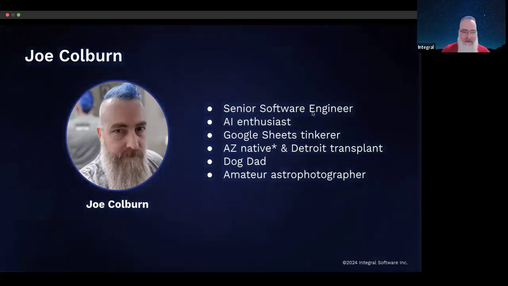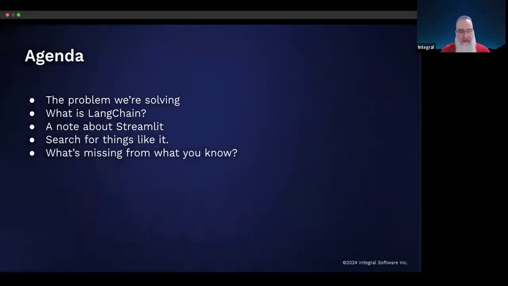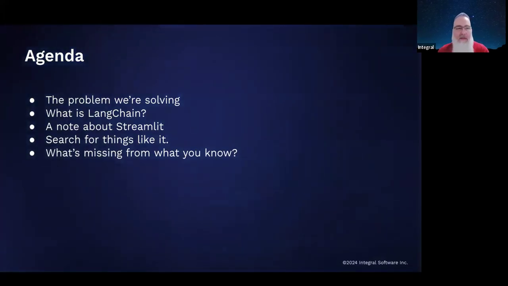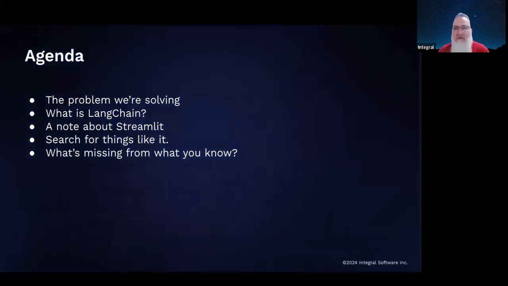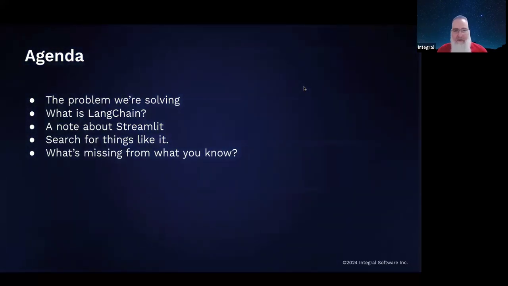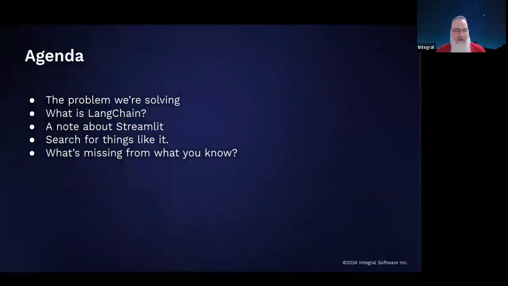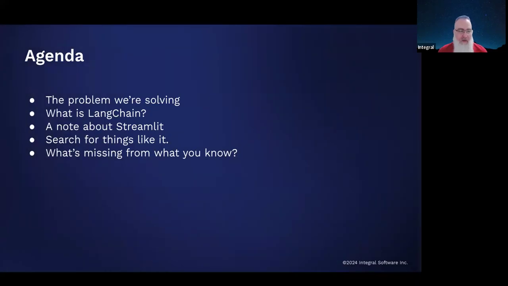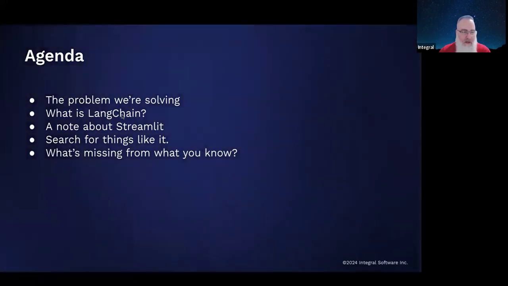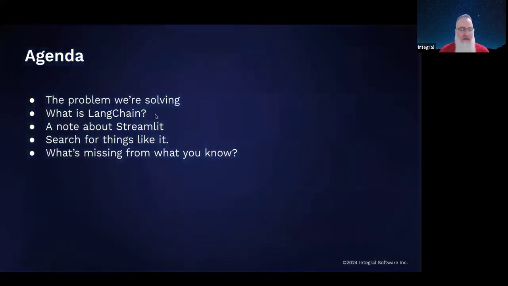Enough about me. Let me get into our agenda. Let me move a couple things around so I can see and be more efficient while I work here. Okay. So here's our outline for the day. We'll talk about the problem that we're solving with AI, and with the use of AI APIs. What is LangChain? We'll get into a short description of it and how it can help.